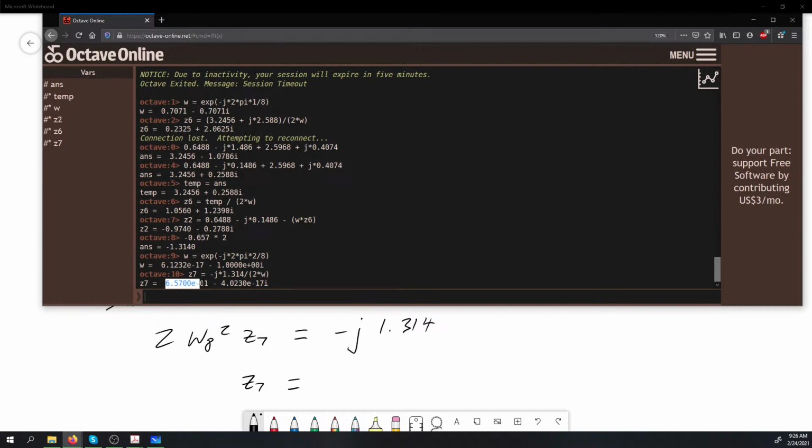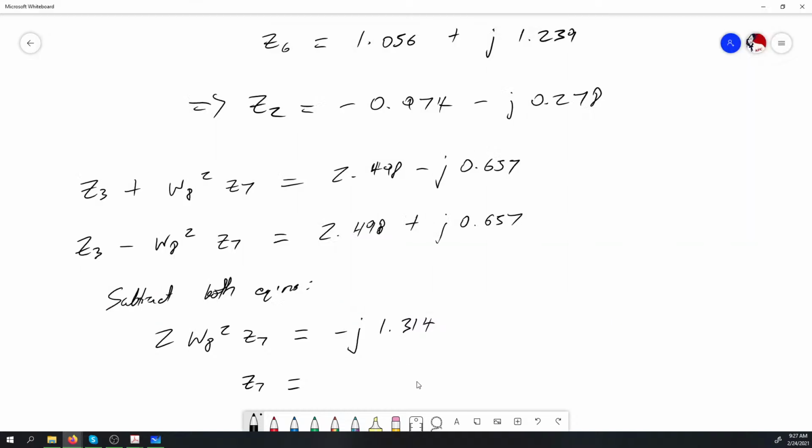So Octave does some weird rounding offs in some cases in particular. But if you see something like e to the minus 17i, this value is basically 0, so you can just ignore that value here. This 6.5700 by e to the negative 1, this e here basically means 10 to the power negative 1 as required. So this here is going to be 0.657.